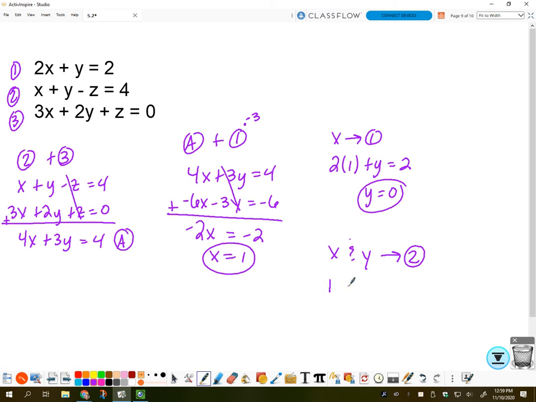So we have 1 plus 0 minus z is 4. So subtract the 1, negative z is 3. So z is negative 3. Once you know 3 things, you just write it as an ordered triple. x was 1, y 0, and z negative 3.